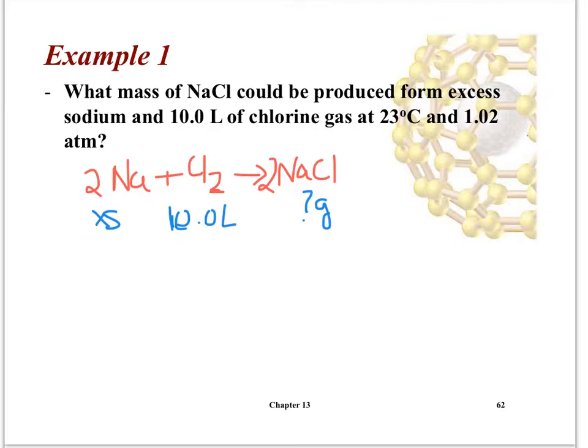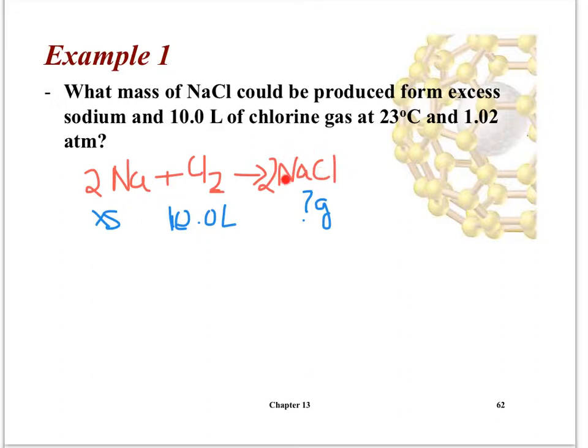However, pressure especially does not matter in any calculations except for gases. And so even though the whole reaction happens at that temperature and pressure, my gas is the only thing affected by these things. My sodium here is a metal and it's a solid at room temperature.